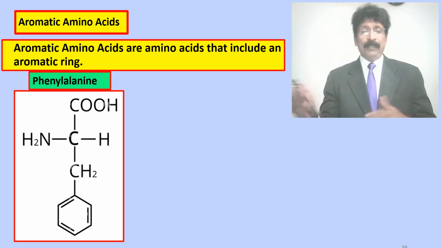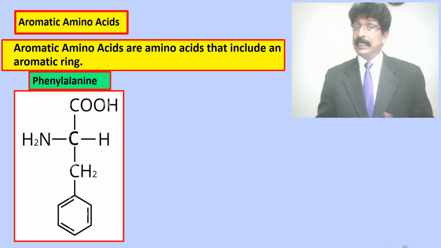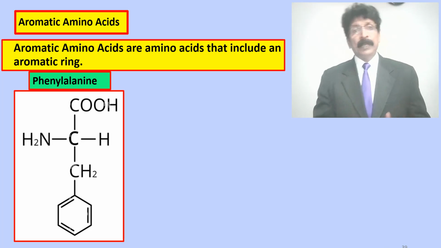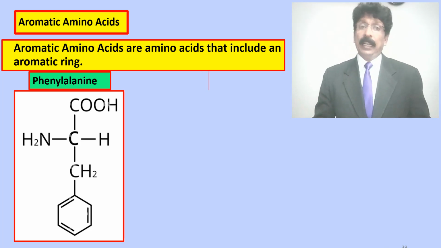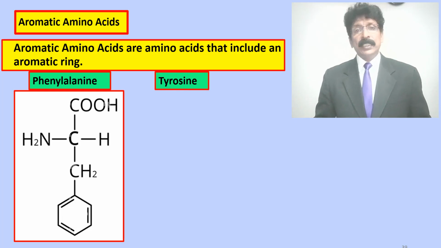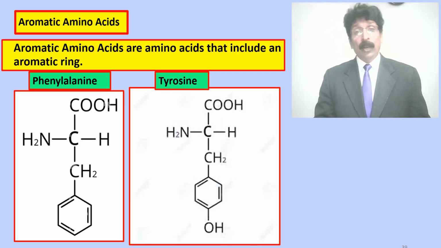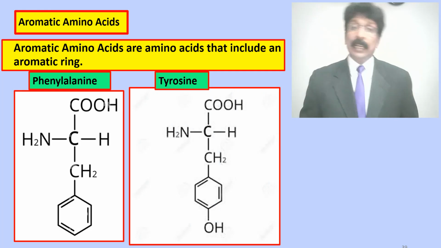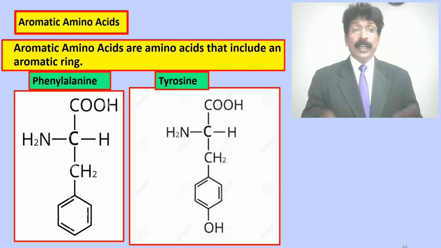Alanine we know is an essential aliphatic amino acid, which is attached with a benzene ring. It is phenylalanine. Tyrosine: if you have a para position OH group in phenylalanine, it's tyrosine. You see very clearly.